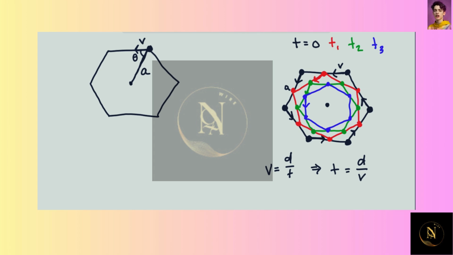So half of it, which is what's drawn here, is going to be equal to 60 degrees. That means that if we want to find the component of the velocity that is along the line A, I'm going to draw that in with red. So we want to find this. That is going to be equal to V cosine theta.